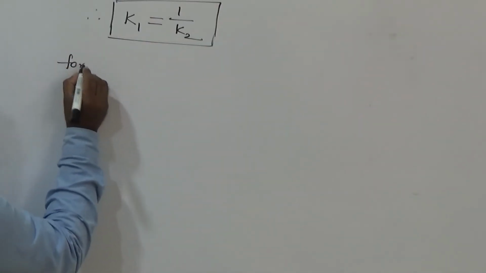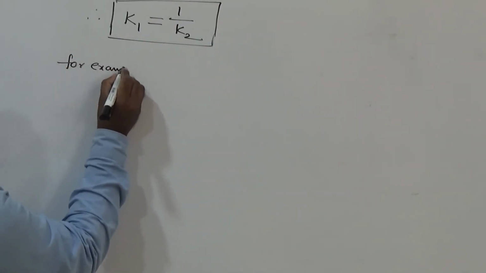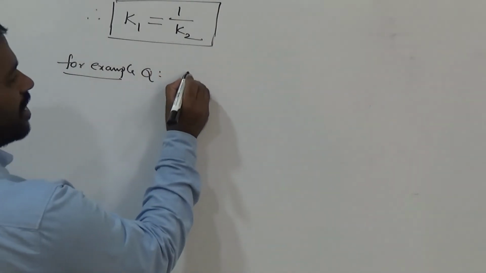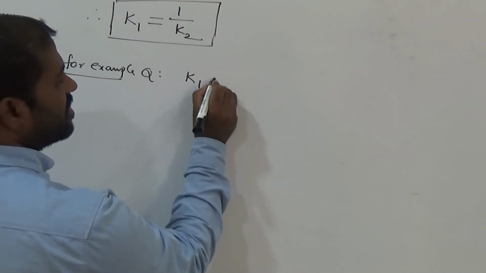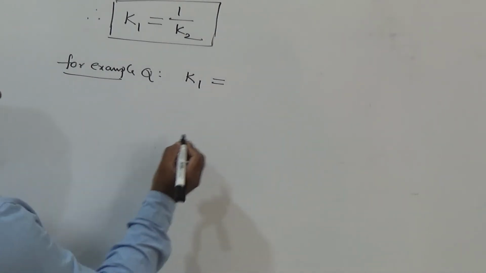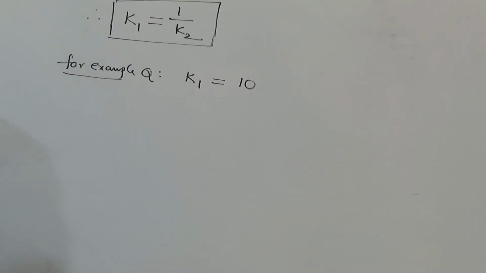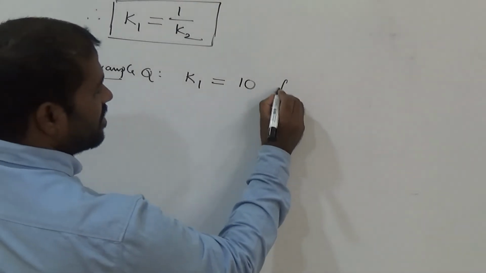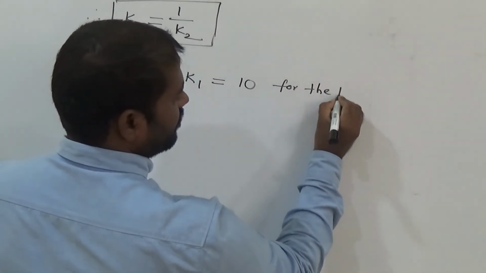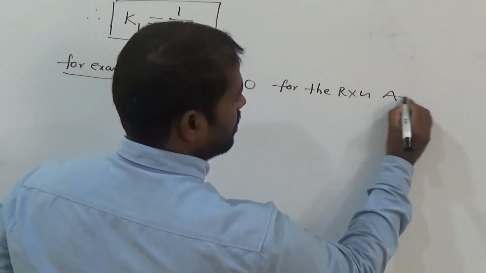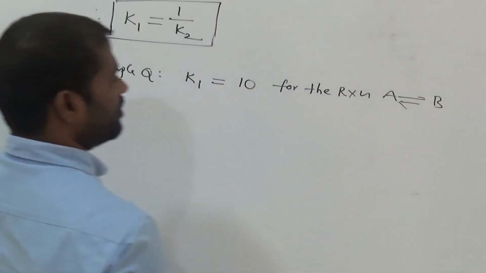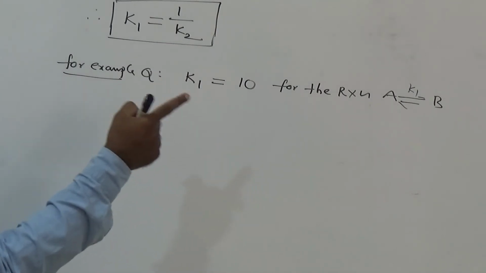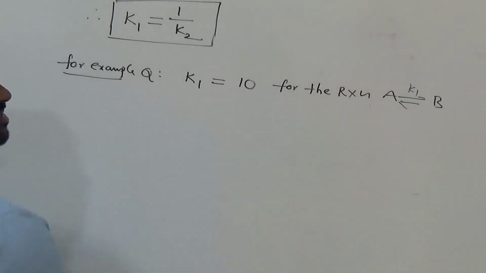For example, K1 for a forward reaction is equals to 10, for the reaction A reversible B, where equilibrium constant is K1. What is the value of K1 in the given equilibrium equation? K1 is equals 10.